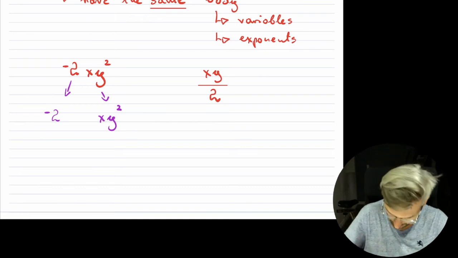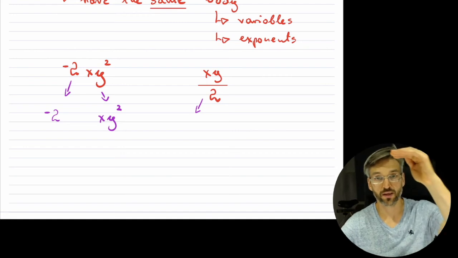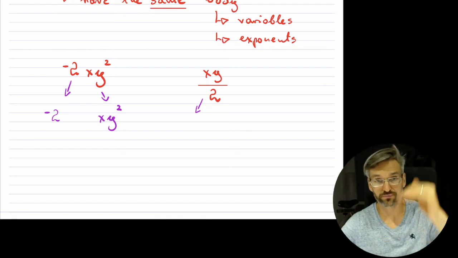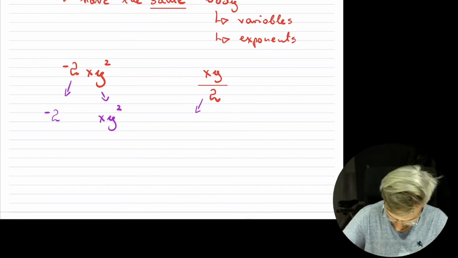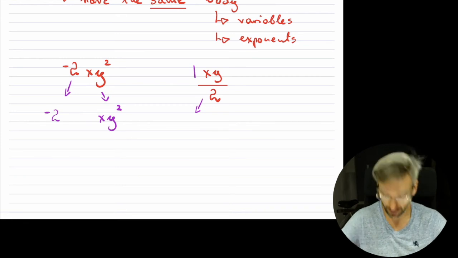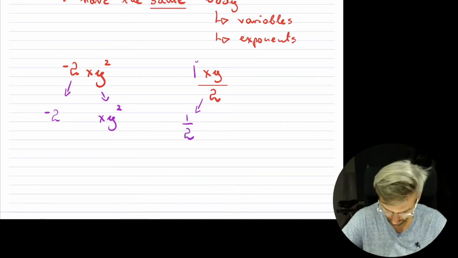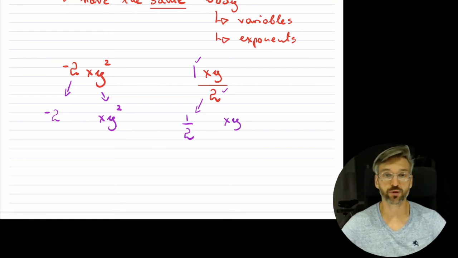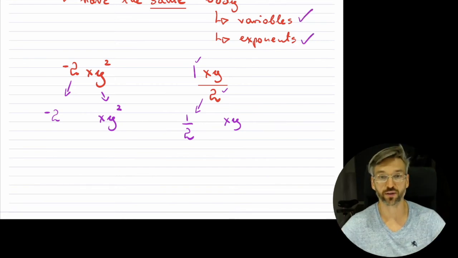The second one is a little more tricky because it has a numerator and a denominator. In the numerator I just have xy, so the coefficient is 1, and at the bottom I have 2. So my entire coefficient is 1/2, coming from the 1 and the 2, and my body is only xy. Remember, your body is only made up of variables and the corresponding exponents on them.